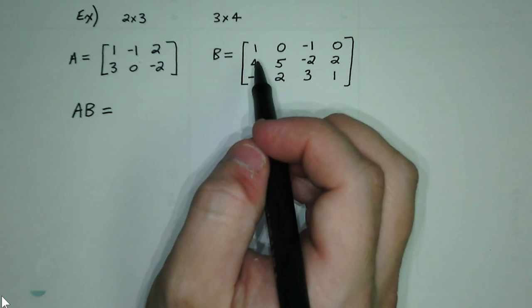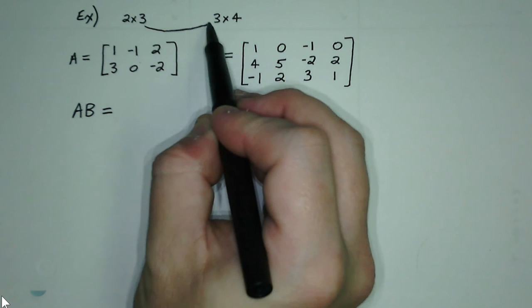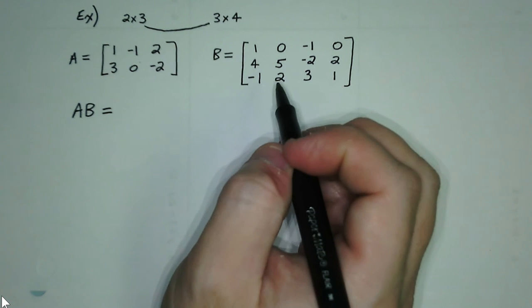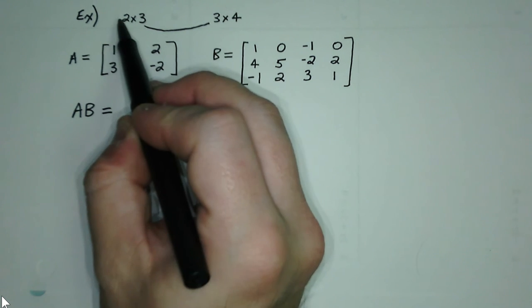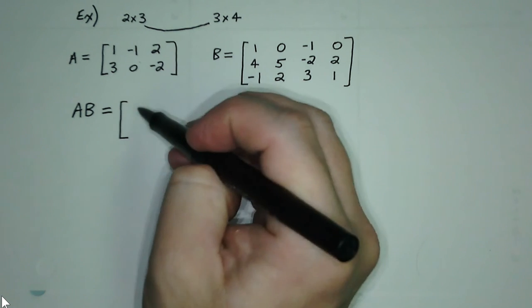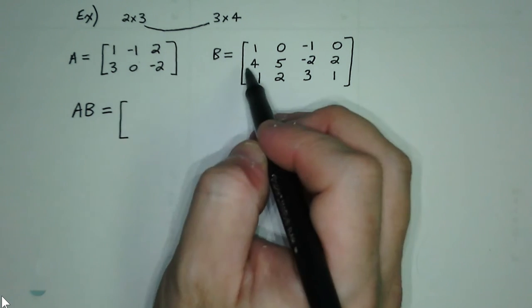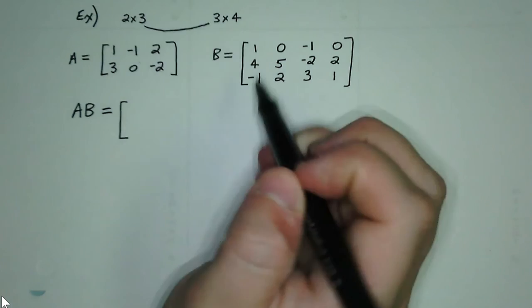They don't have to have the same order. It's just that these inner dimensions have to match. And like I also said, these outer dimensions, a 2 by 4, that's what the final shape is going to be. When I multiply these two matrices together, I'm going to end up with a 2 by 4 matrix.